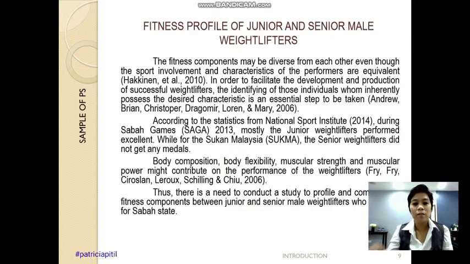Okay, right. This is a sample of a problem statement. This is somewhat not survey research, but rather experimental. The way I and the previous batches wrote it, they outlined the statistics of the Sabah games, which say that the junior weightlifters performed excellently. However, the seniors did not get any medal.